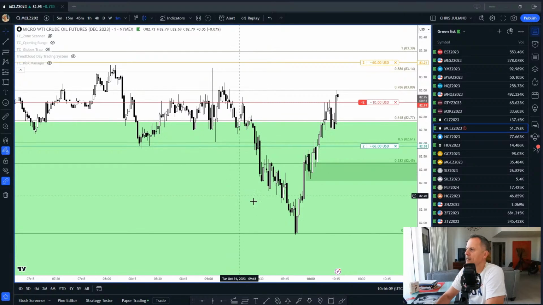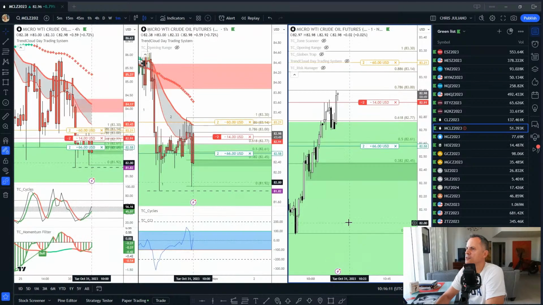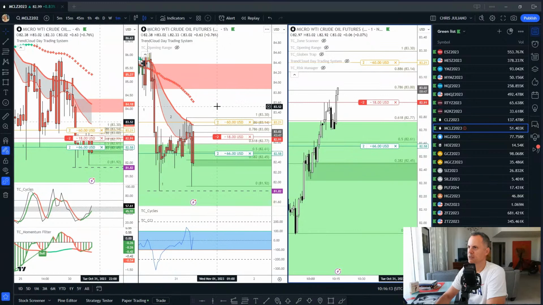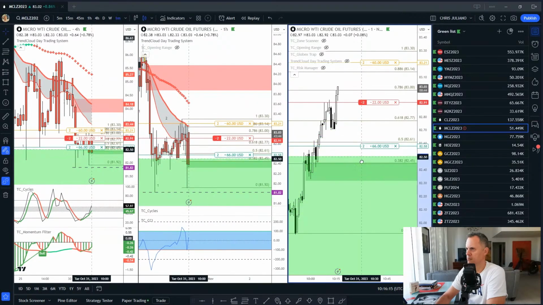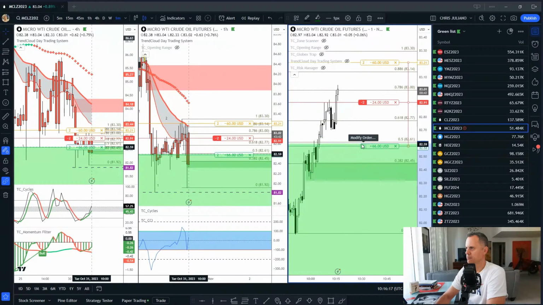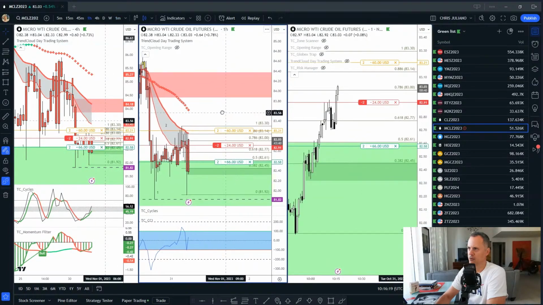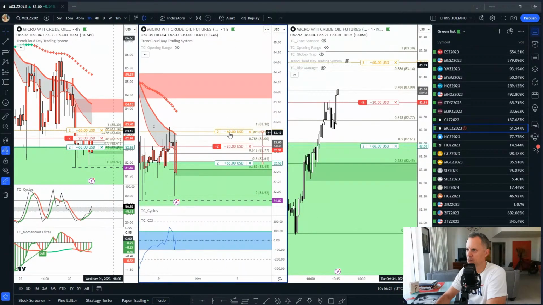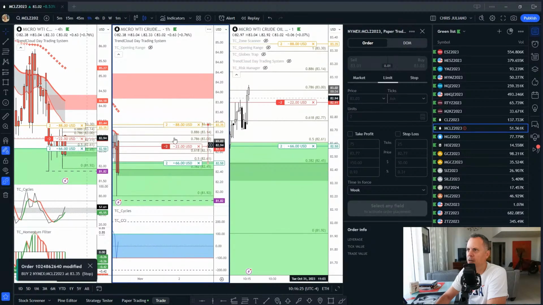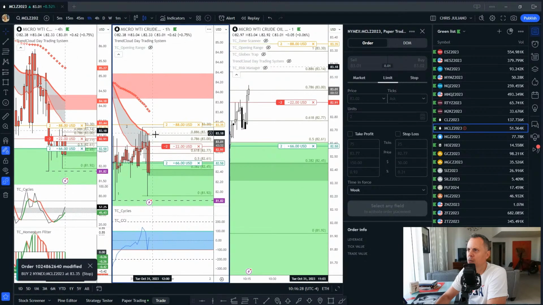Take a small risk. If it works, hey, great. But we are coming back into that area right here. So does it go a little bit above, or does it just go range bound?